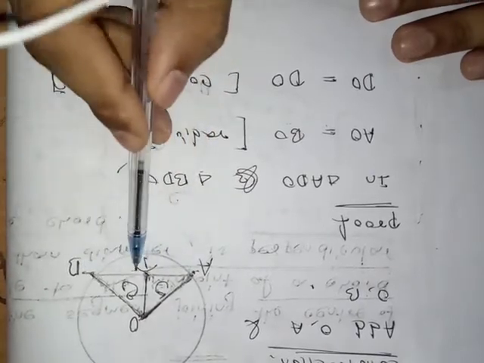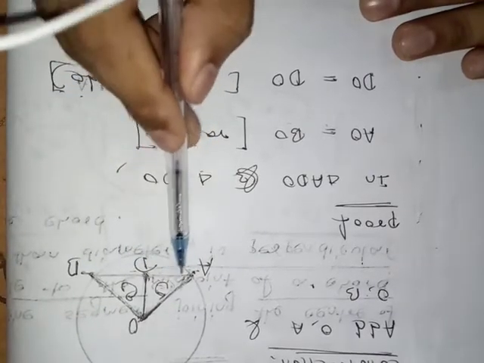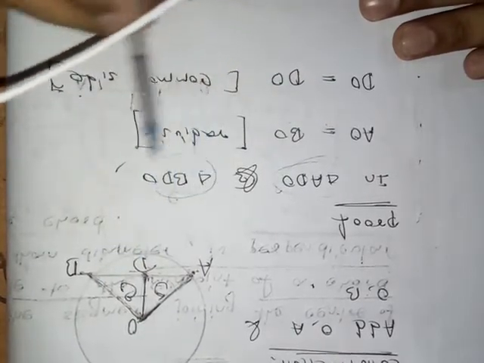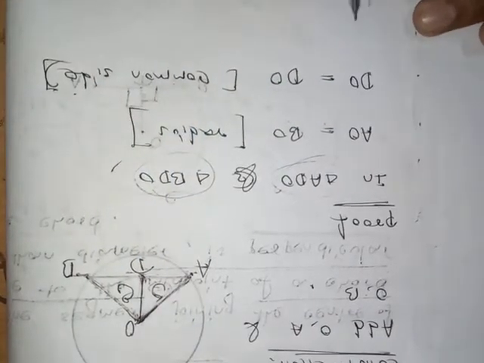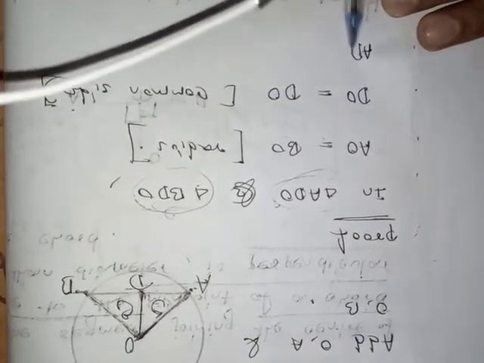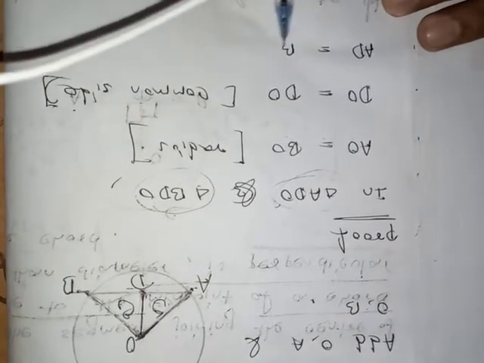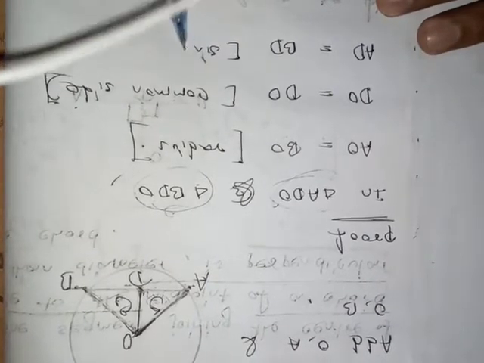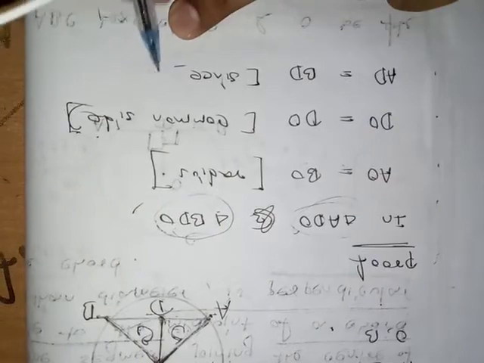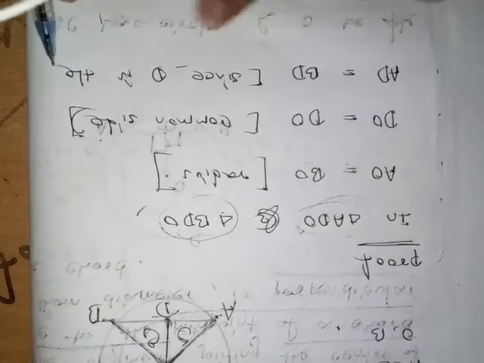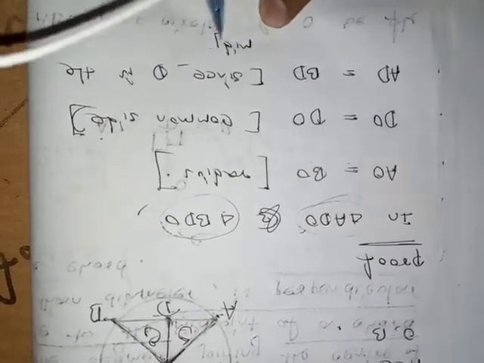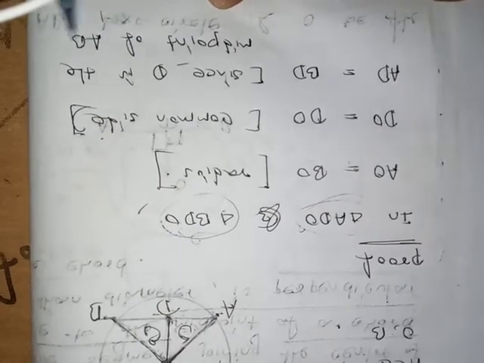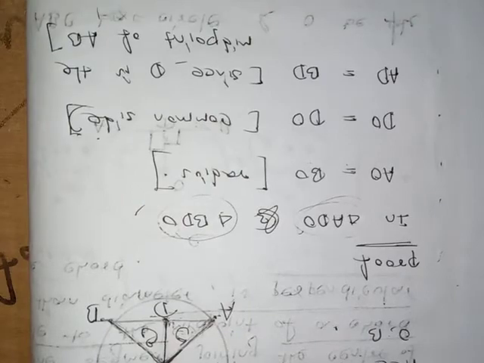AD side is in triangle ADO and BD side is in triangle BDO. So we can say AD is equal to BD since D is the midpoint of AB.